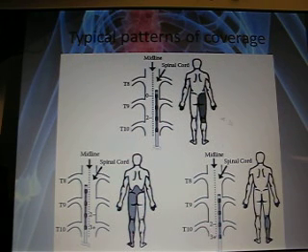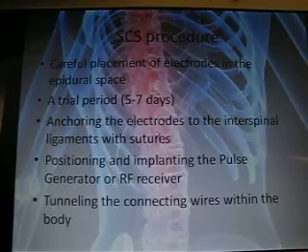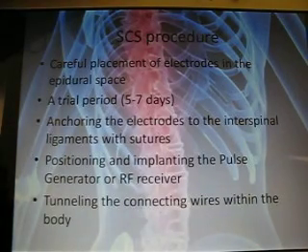Typical patterns of coverage of SCS are shown here, depending on which area of the body is in pain. The electrode is implanted accordingly. Okay, that's the end of the pictures.